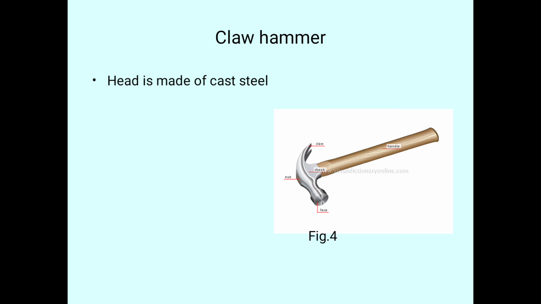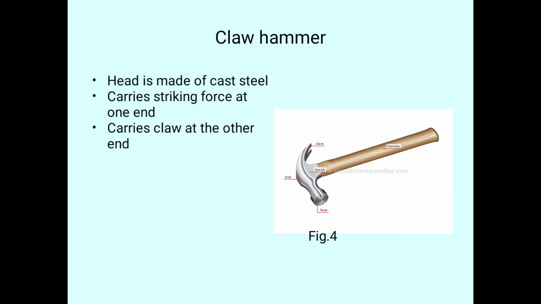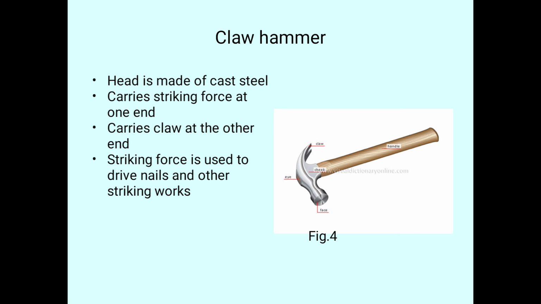The claw hammer's head is made of cast steel, which carries a striking face at one end and a claw at the other end. The striking face is used to drive nails and for other striking works.